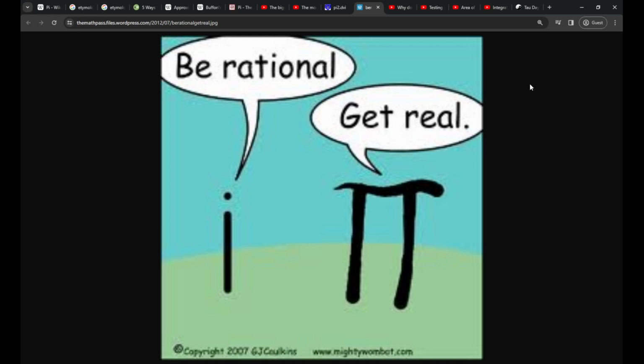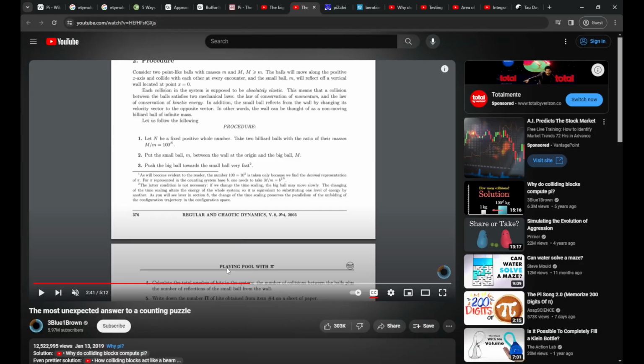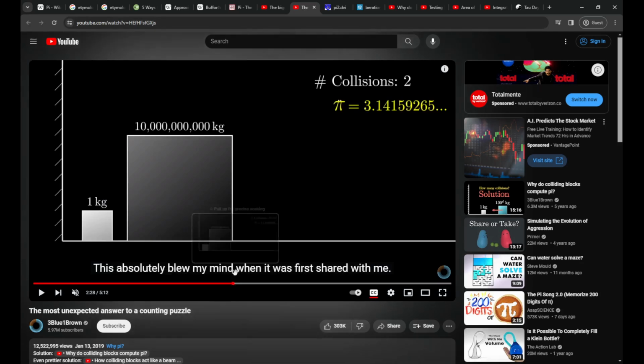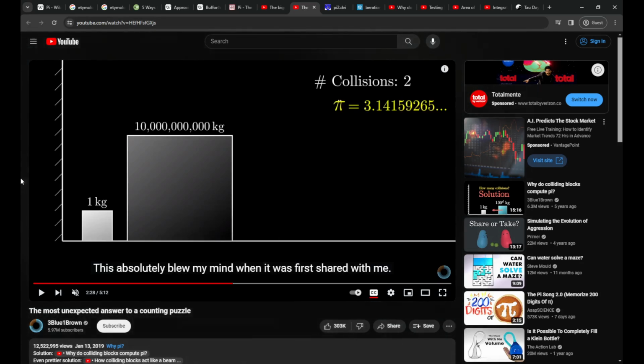And that's a really amazing thing, because why in the world would these sliding blocks, which have nothing to do with circles, why would that approximate pi?